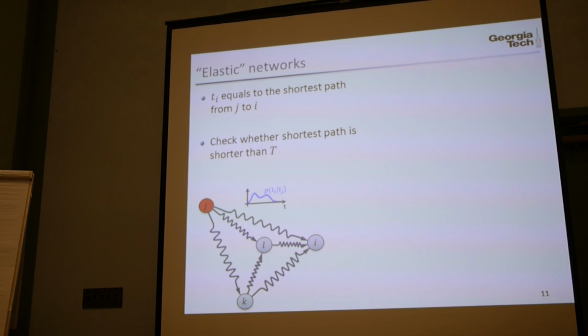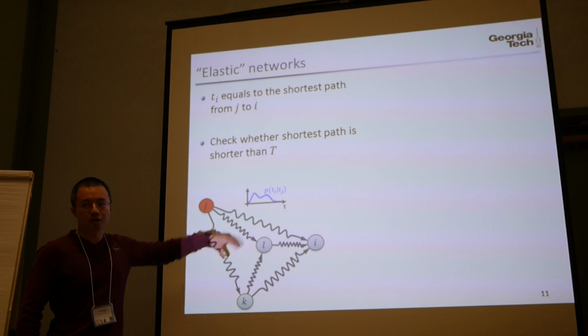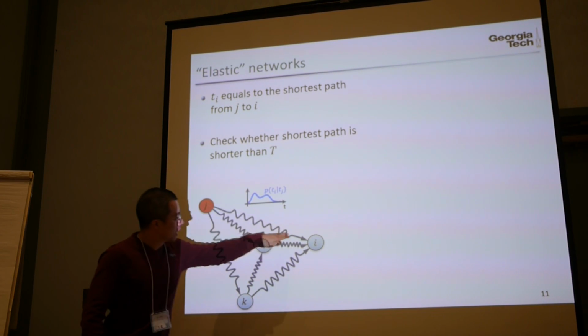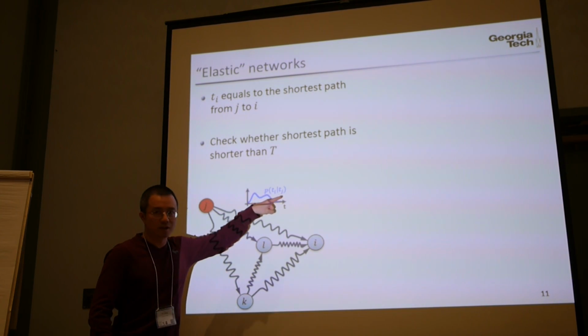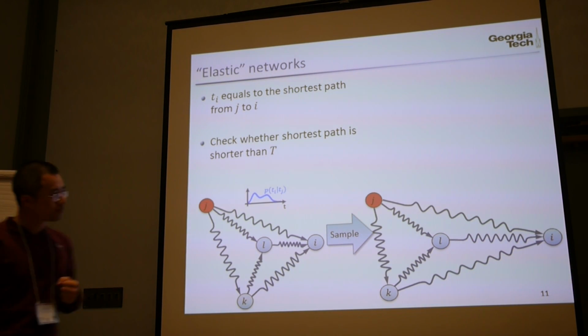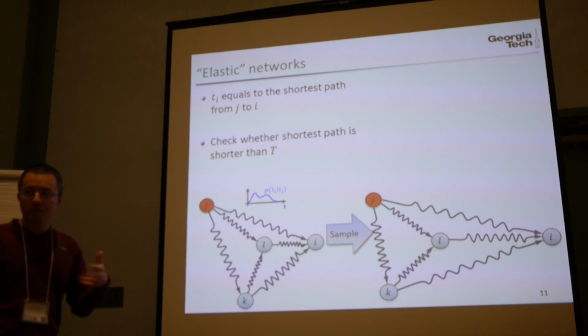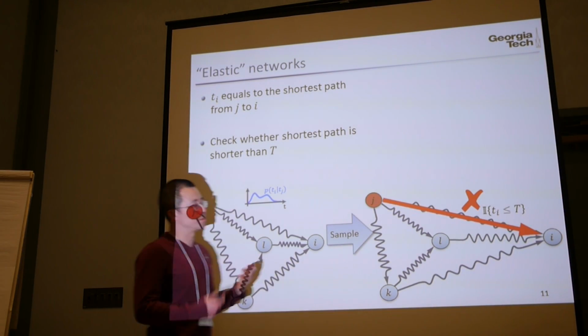So the first thing is, let me just reiterate a little bit this sampled network view. You have this diffusion network structure given to you, but for each edge you have a conditional density over time associated. You sample this kind of network, and then to compute the number of nodes that are infected before time t, a very simple way you can do it is just to run a shortest path algorithm.